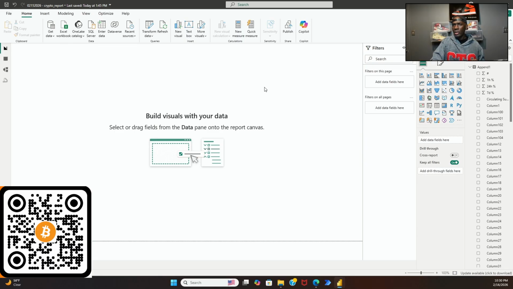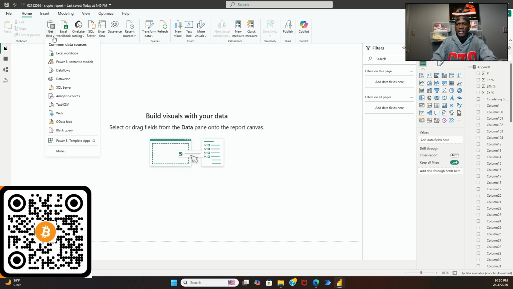Now, where we are is over in Power BI, and I was saying we can bring the data in. The way we bring data in is Get Data. The reason I said we have several different sources we could use to bring data in is because there are several different places we can bring the data from. We've got these standard sources here.